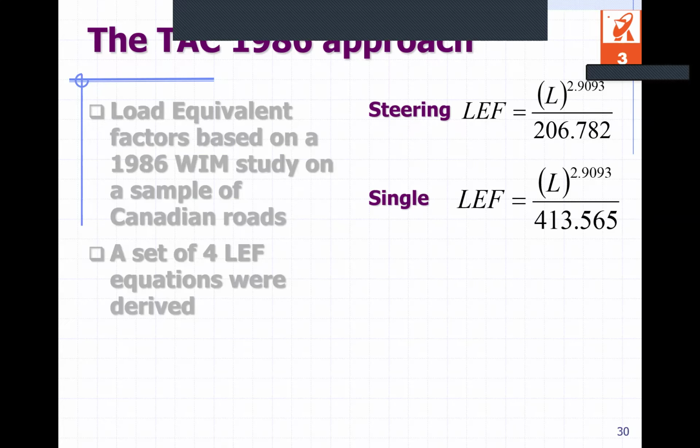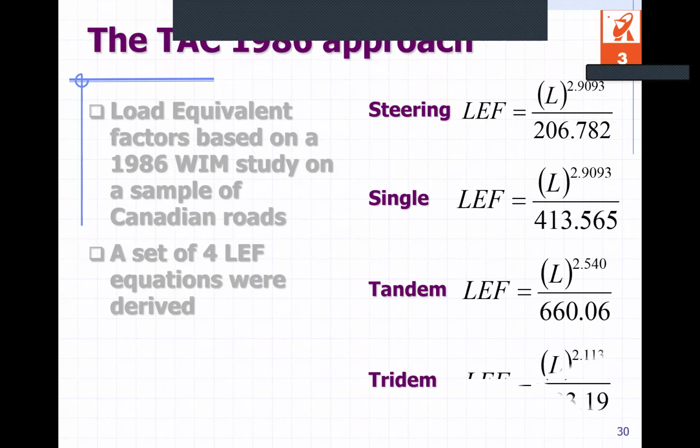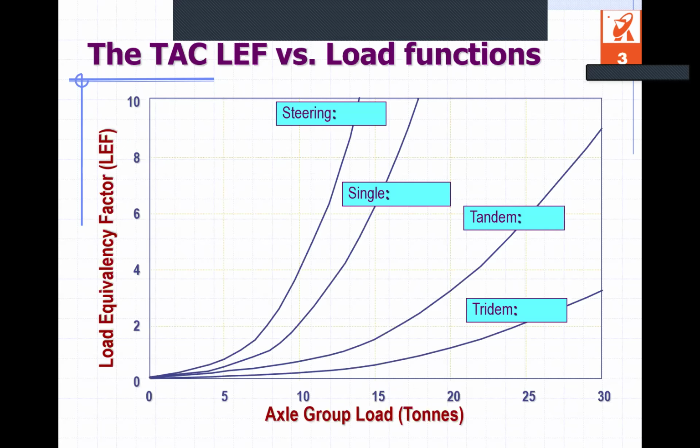The steering wheel produces 2 times, because look at the denominator: the denominator of the steering wheel is half the denominator of the single one. This is the equation for the tandem, and this is the equation for the tridem. So instead of reading the values of load equivalency factor from tables, you use the equation directly. L is the load that you are observing.